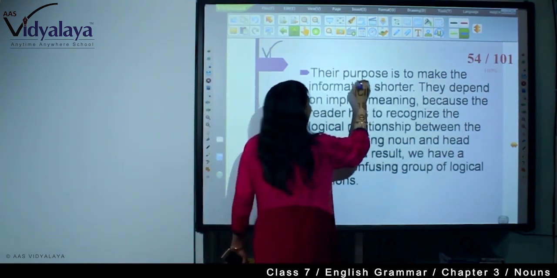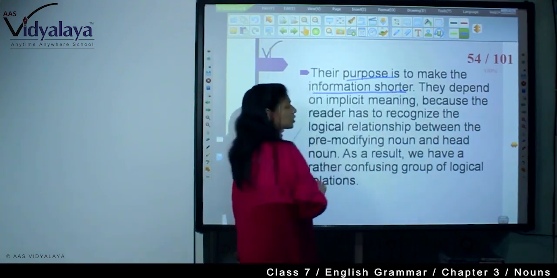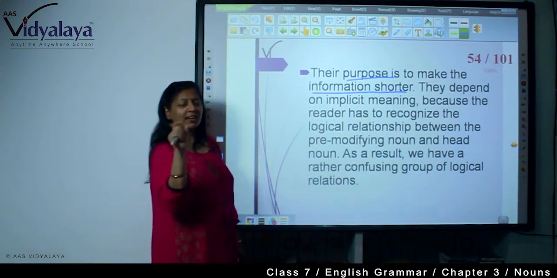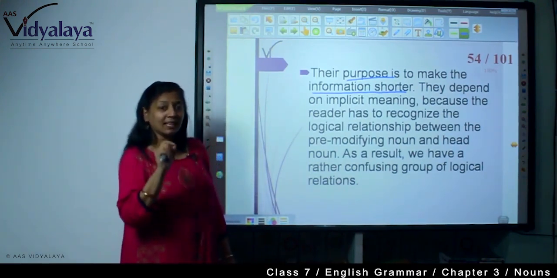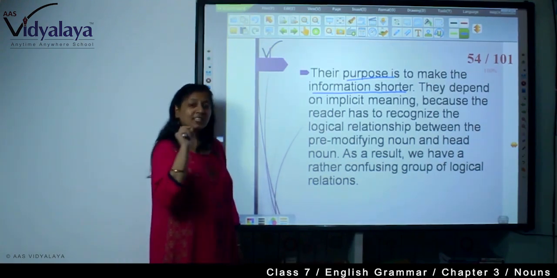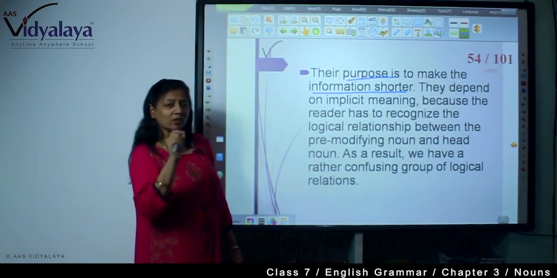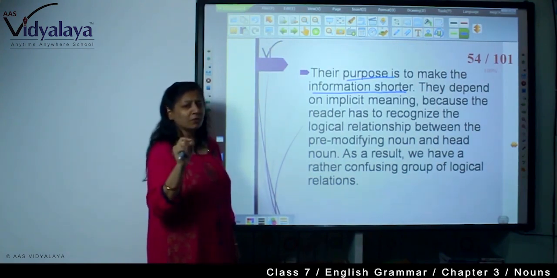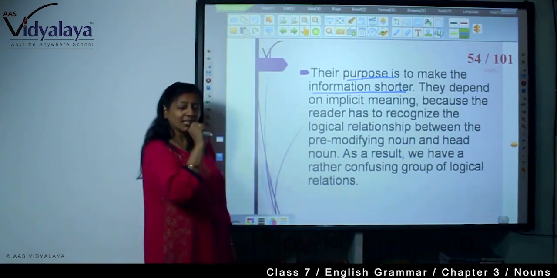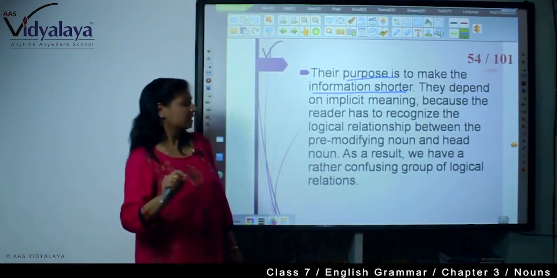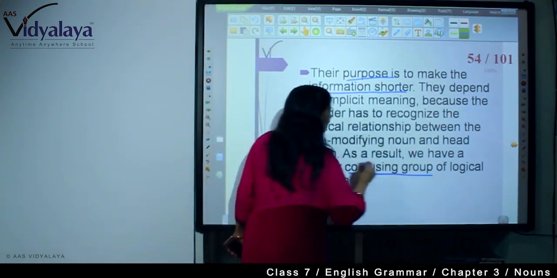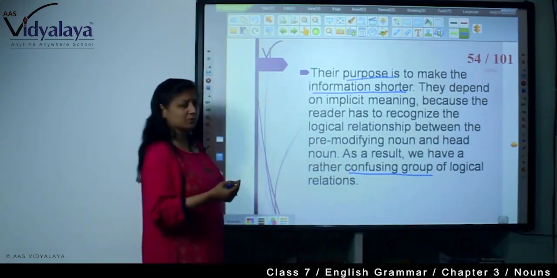Because the purpose is to make the information shorter, when you write short, you just write the attributive noun, you just write the pre-modifier, and if it is misunderstood by someone, it creates confusion and chaos. So it is always said: don't use pre-modifiers a lot, or if you are using them, please make sure they will be understood correctly. Sometimes it is confusing. It creates confusion.